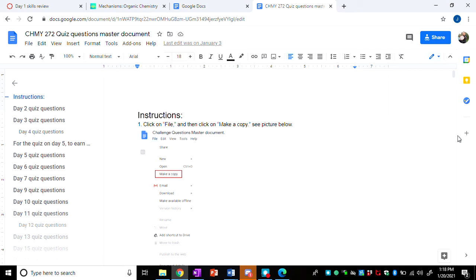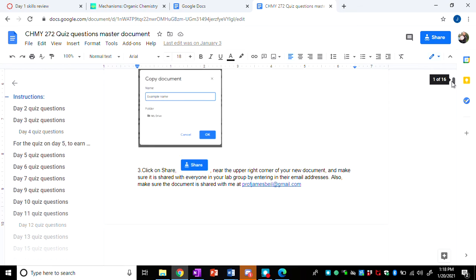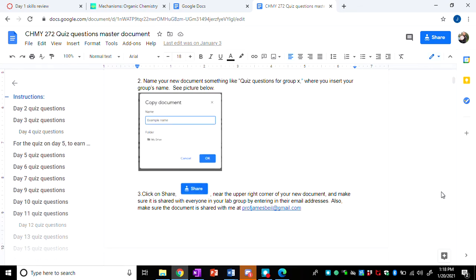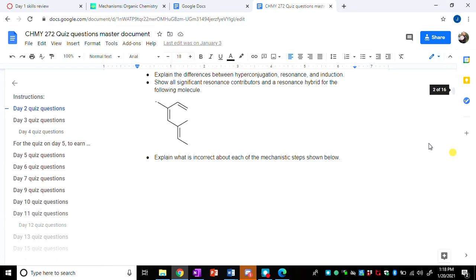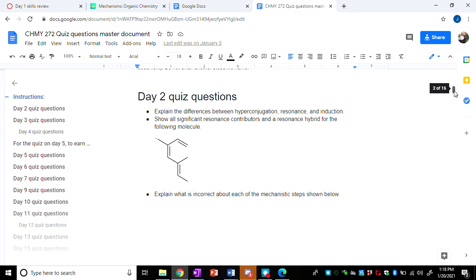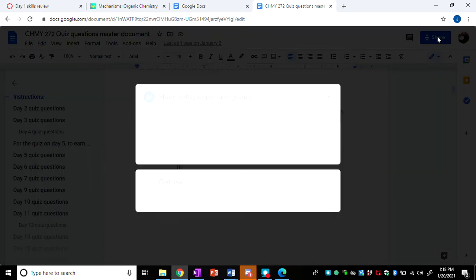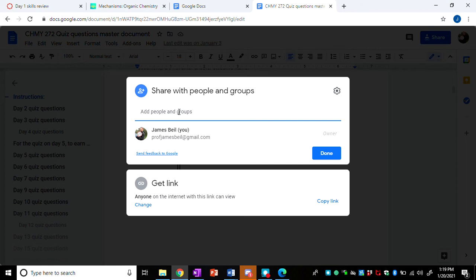So only one person in your group needs to do this, but once they do and follow these instructions and make a copy of this document, which includes all of the quiz questions, then they would just click on the share button and type in the email addresses for the other people in your group. And make sure you put my Gmail address in there as well. Make sure it's profjamesbio@gmail.com. That way, your group can collaborate to work on those quiz questions.